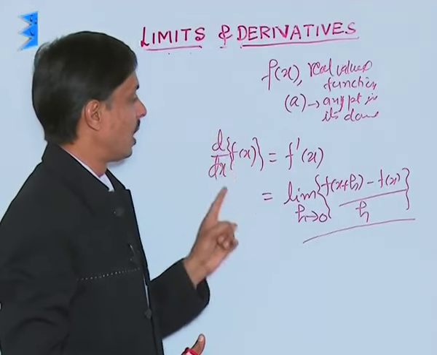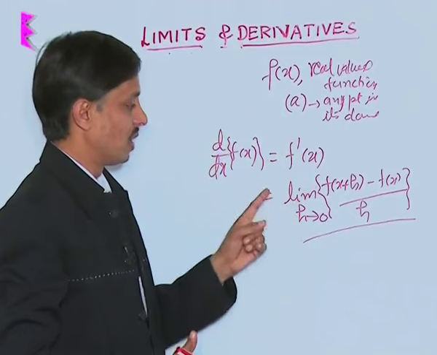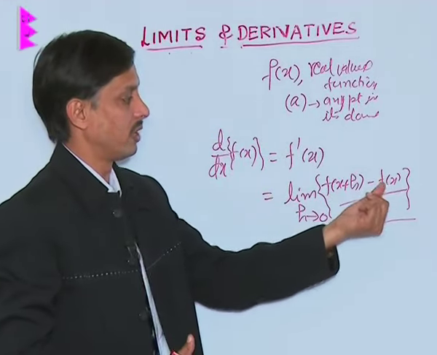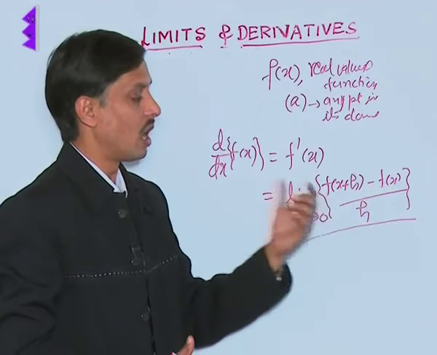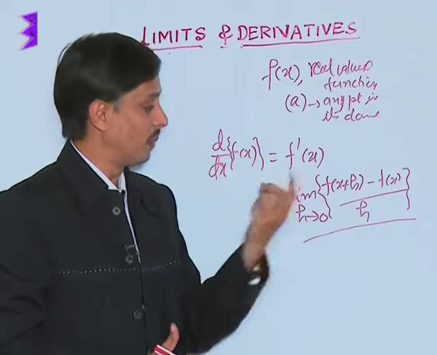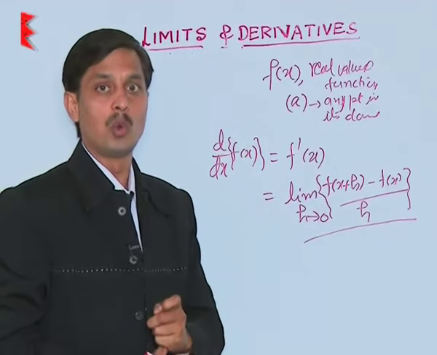That is, the derivative f dash x equals the limit as h tends to 0 of f of x plus h minus f of x upon h. Obtaining the derivative with this approach is also known as the first principle.